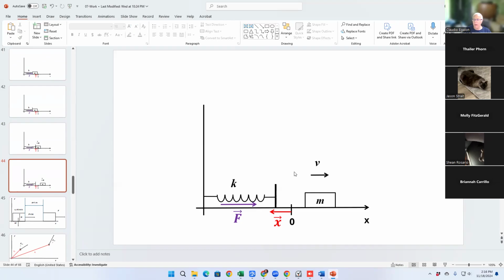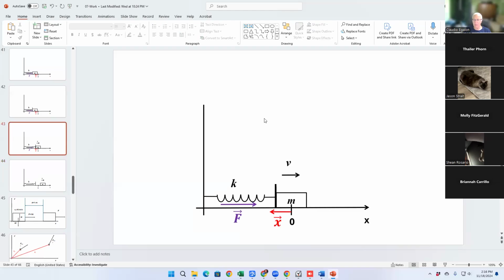Assuming that there is no friction, we don't need that. At this point here, since the mass is at the equilibrium position, there is no force, right?